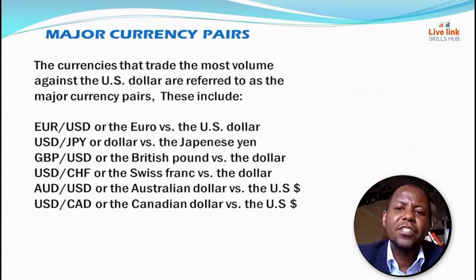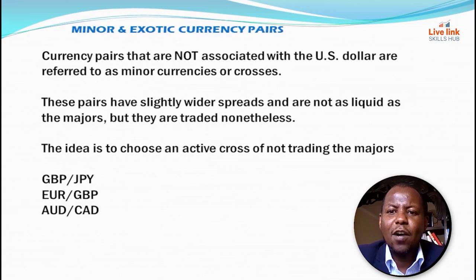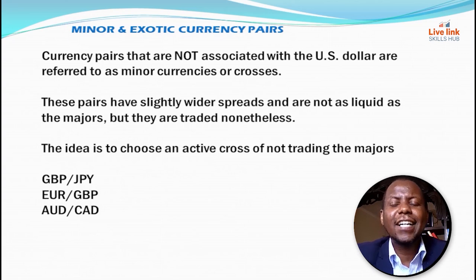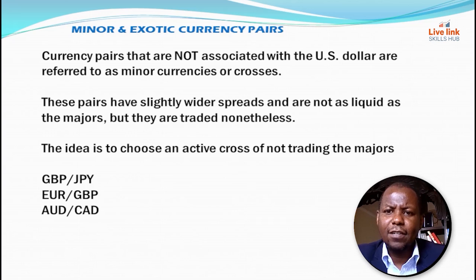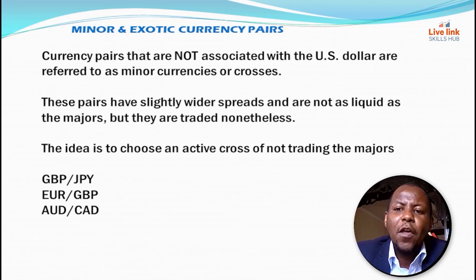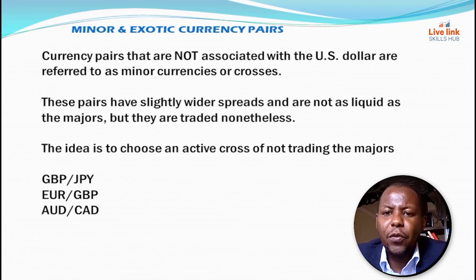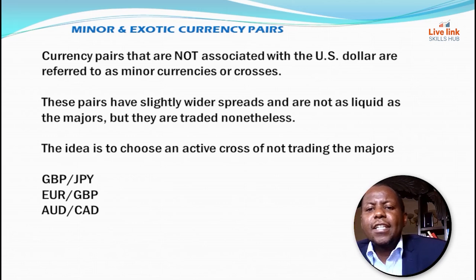Now we said there are major currency pairs, and then there are also minor or exotic currency pairs. Those are pairs that are not as volatile, or rather they're not heavily used. Currency pairs that are not associated with the US dollar are referred to as minor currencies or crosses. These pairs have slightly wider spreads and are not as liquid as the majors, but they are traded nonetheless. The idea is to choose an active cross if not trading the majors.